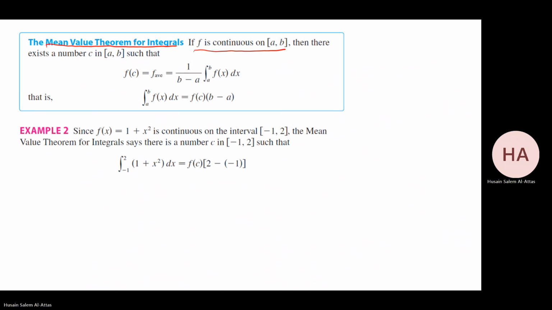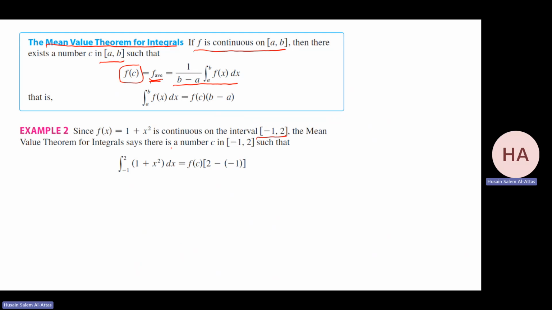Then there exists a number c in the closed interval [a, b] such that f average, which is this, is equal to f at that c. So there exists a c in the closed interval so that the f average is equal to f at that c.